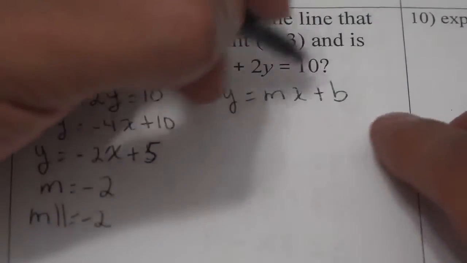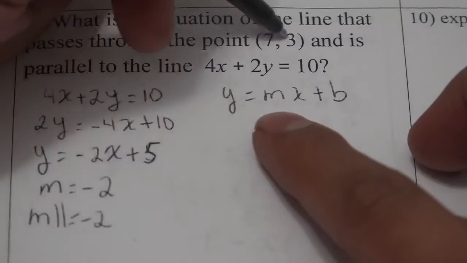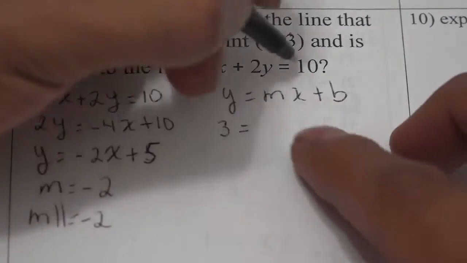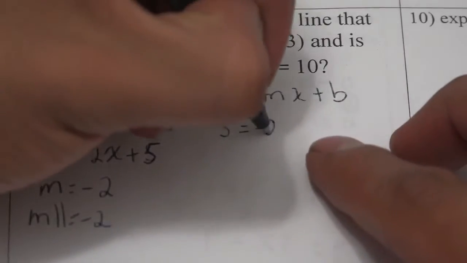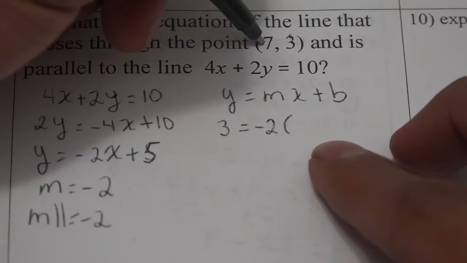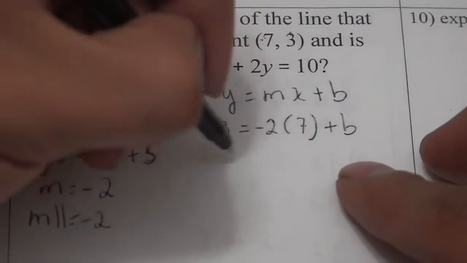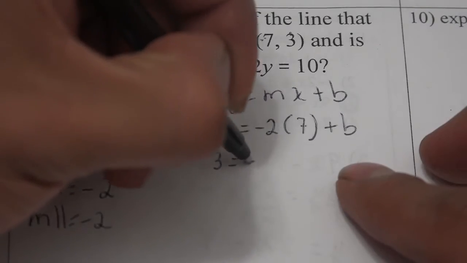So then I have y is 3, right? Because this is x and this is y. So 3, the slope, which is negative 2, the x, which is 7, and then plus b. Okay, negative 2 times 7 is negative 14 plus b.